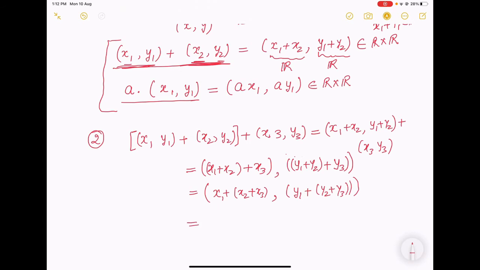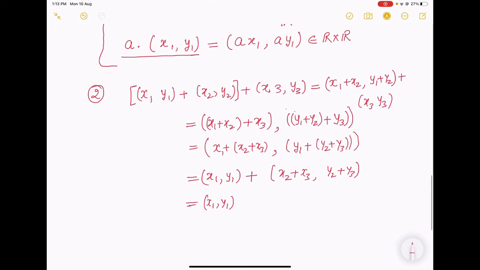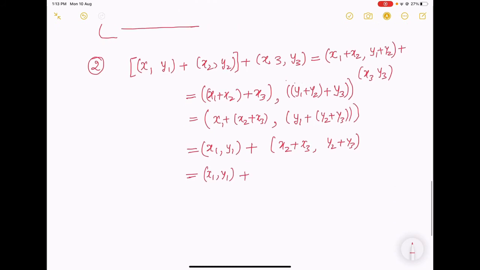This gives you x1 comma y1 plus x2 plus x3 comma y2 plus y3, and this gives you x1 y1 plus x2 y2 plus x3 y3.